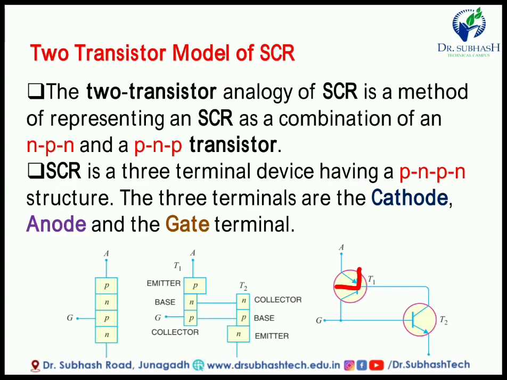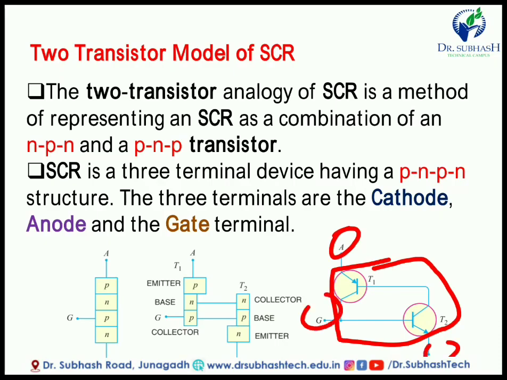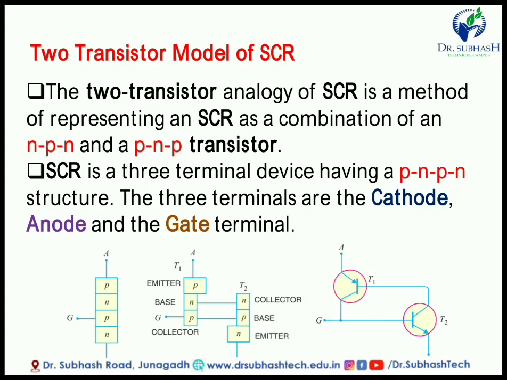Here the arrow is pointing outside the transistor, so this is the NPN transistor. In a transistor the terminals are emitter, base and collector. The whole circuit is the SCR, so the SCR terminals are anode, cathode and gate. In this slide we discussed the total number of layers and terminals, so we can design the SCR circuit. This is the two transistor model of SCR.